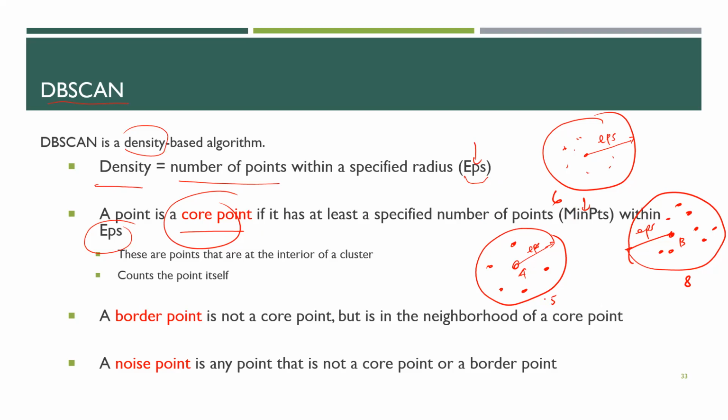A has 5 points around it and B has 8 points around it. So A is not a core point, because it is less than the minimum points. But B has 8 points around, which is greater than the minimum, so B is the core point.